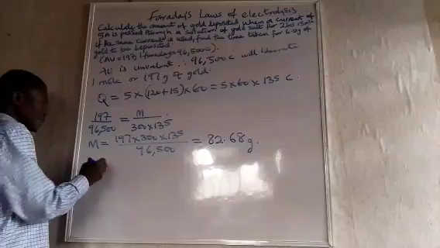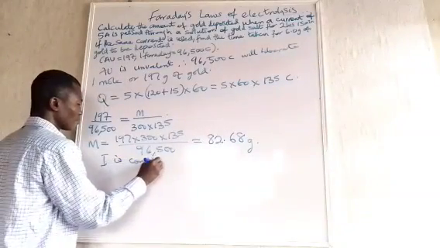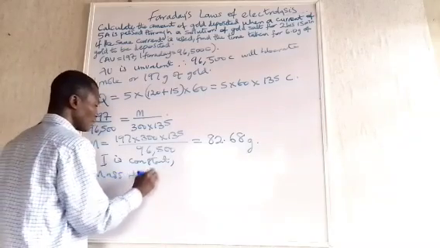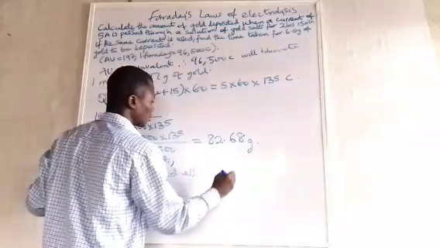Since current is constant, I is constant. Mass discharged will be proportional to time.